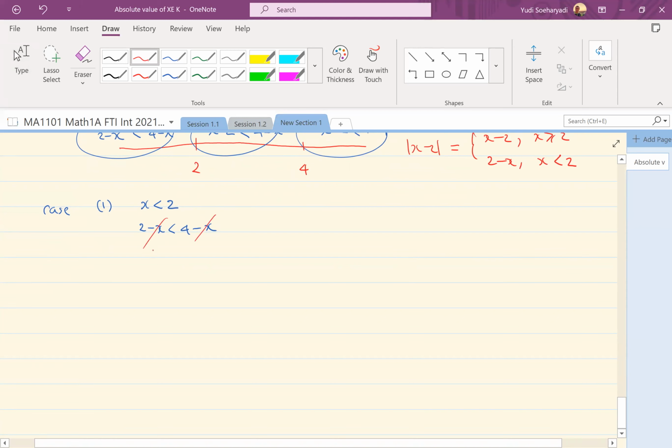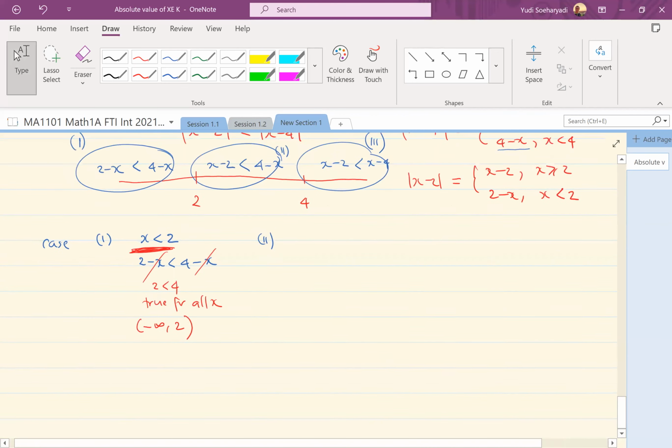So here you end up with something that's correct for all x. Okay, so the solution set is x less than 2, restricted to x less than 2 because of the case assumption. All right.